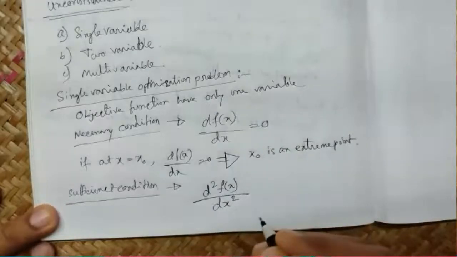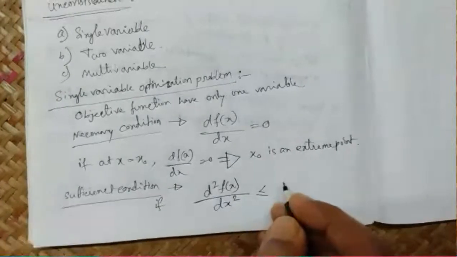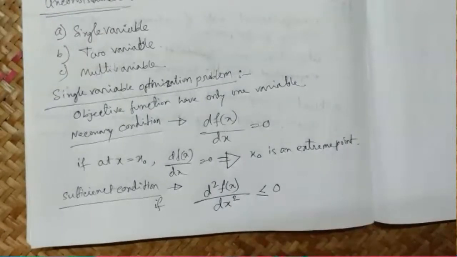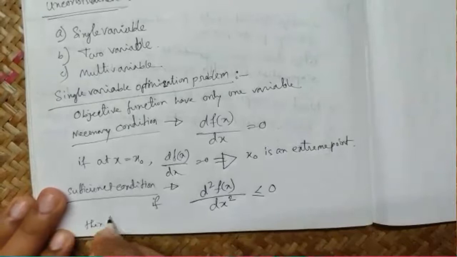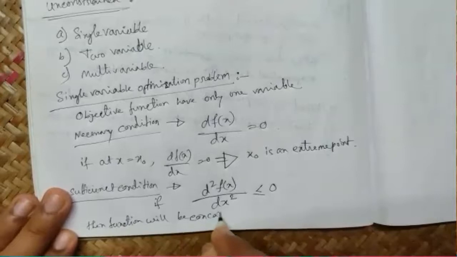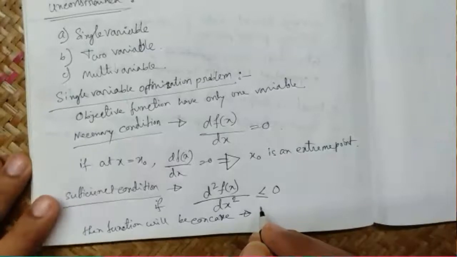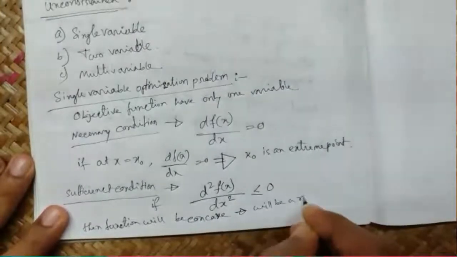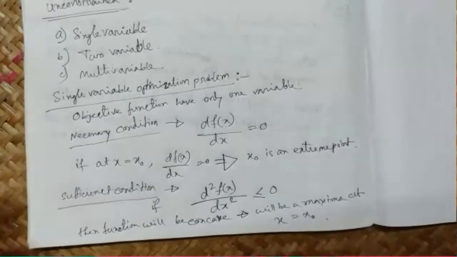Now if d2f(x)/dx2 is less than or equal to 0, then the function f(x) will be concave and will give us a maximum value, a maxima at x equal to x0.